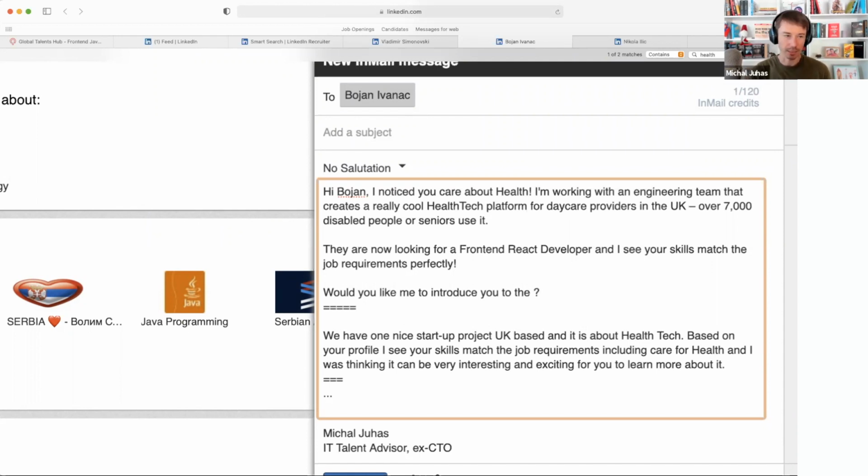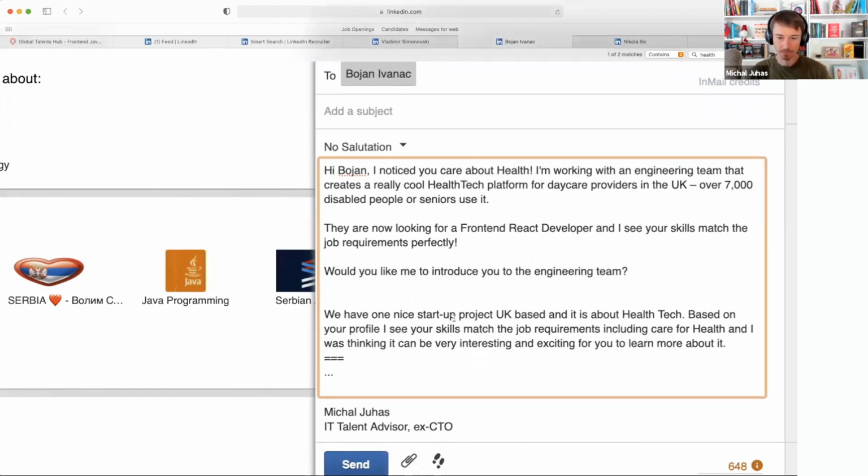So I'll just say to the management team or engineering team. It sounds probably better. Developers want to talk to developers, not managers. It's about health tech, based on your skills match, including healthcare. And I was thinking, very interesting. Maybe this sentence could also be reused.